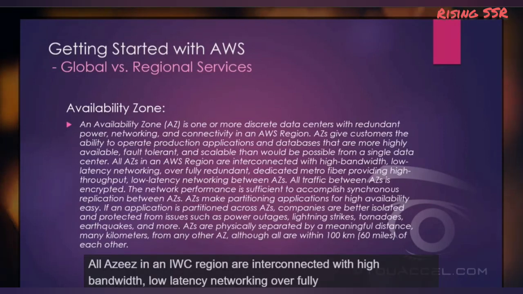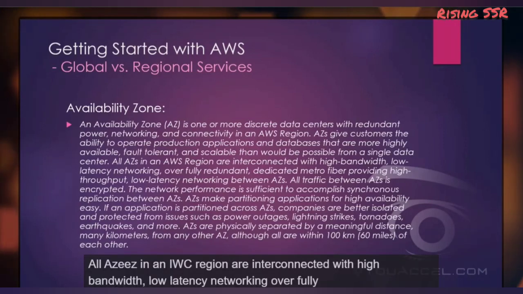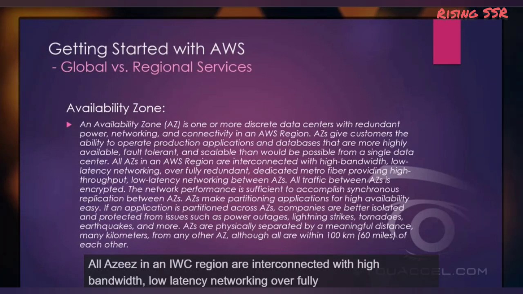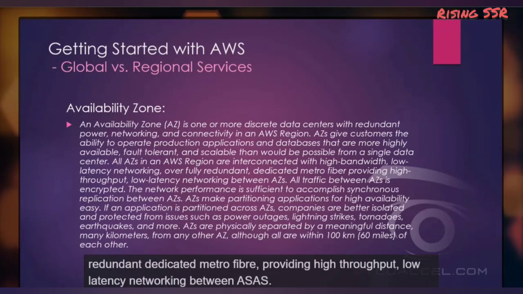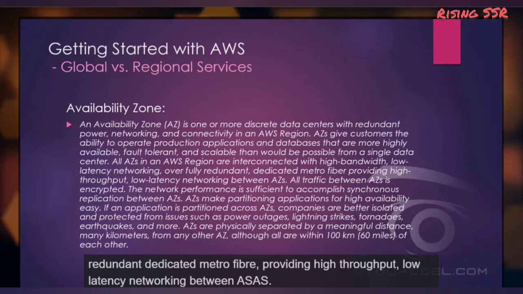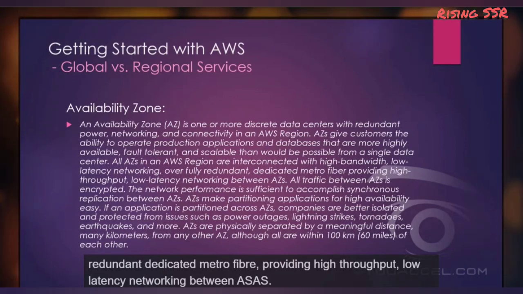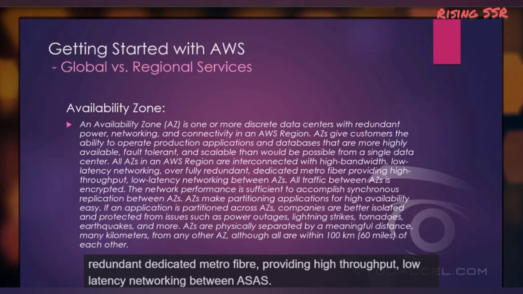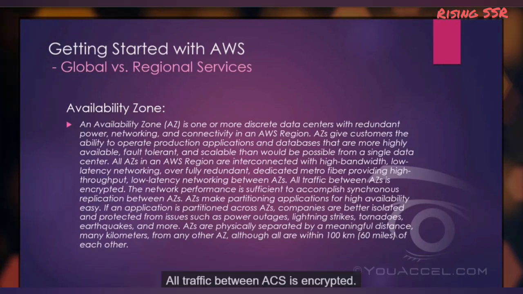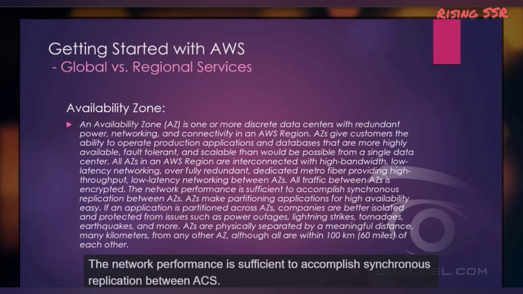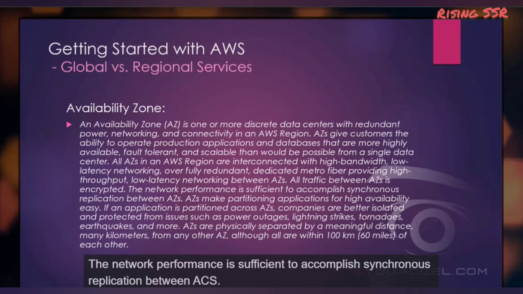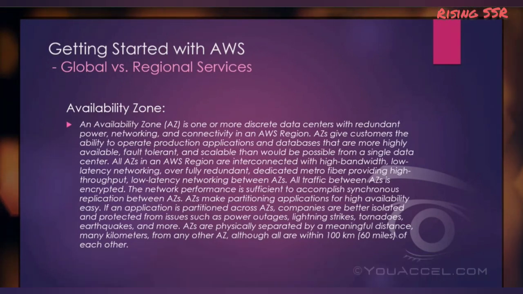All AZs in an AWS region are interconnected with high bandwidth, low latency networking over fully redundant dedicated metro fiber, providing high throughput, low latency networking between AZs. All traffic between AZs is encrypted. The network performance is sufficient to accomplish synchronous replication between AZs.